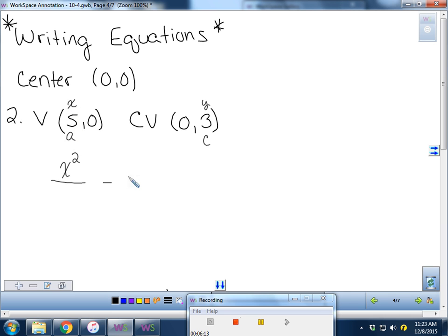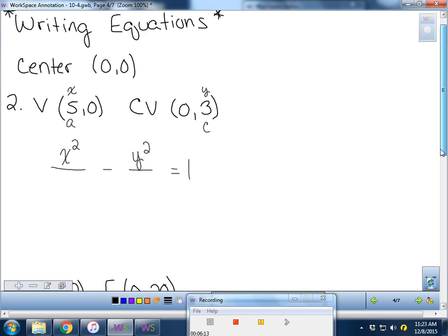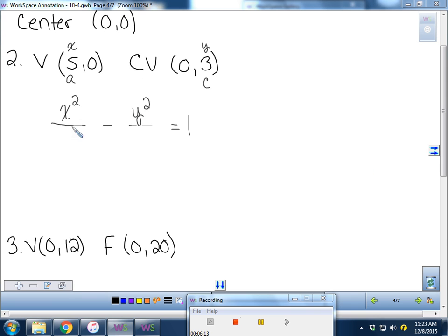All right, minus y squared over something equals 1. Well, I already know that a squared is always the number that's in front up here. So I'm going to take and square this. 5 squared is 25. But I still need b squared for underneath this part right here.